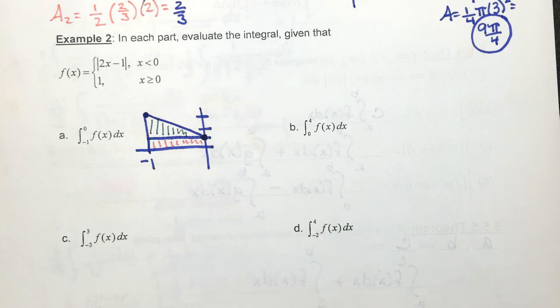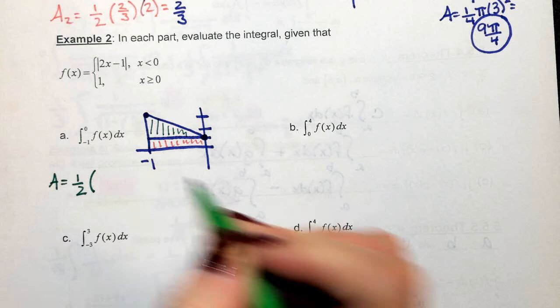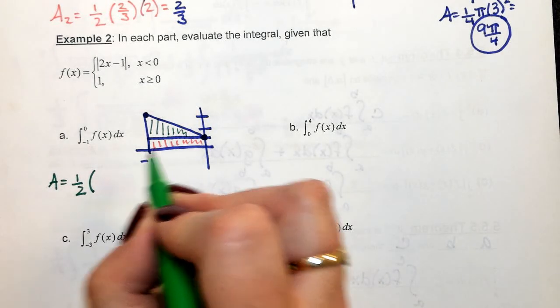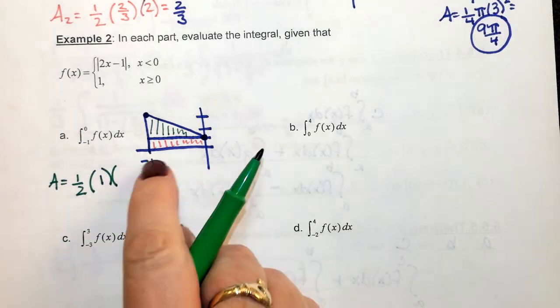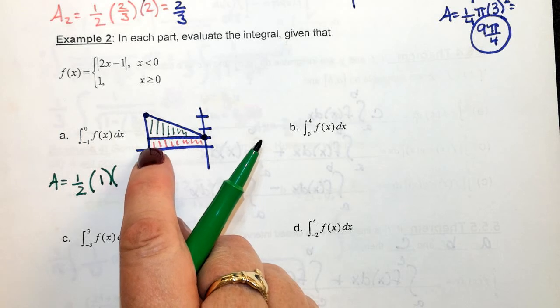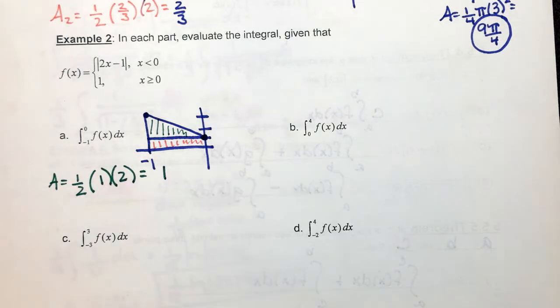So to find the area of the triangle, I know the formula is 1/2 times. What's the base? The base has a value of what? 1. Now be careful of the height. We're not starting at 0 with the height of this particular triangle. What's the height of this triangle going to be? 2. So the area of the triangle is just going to be 1.